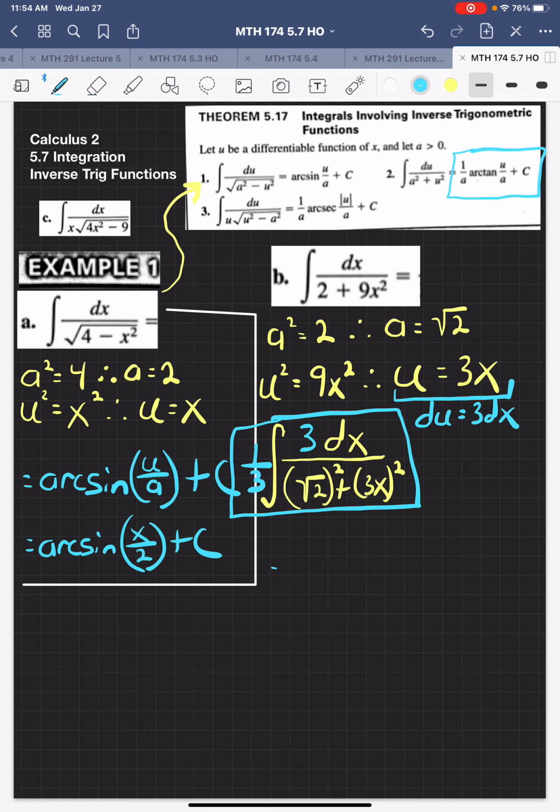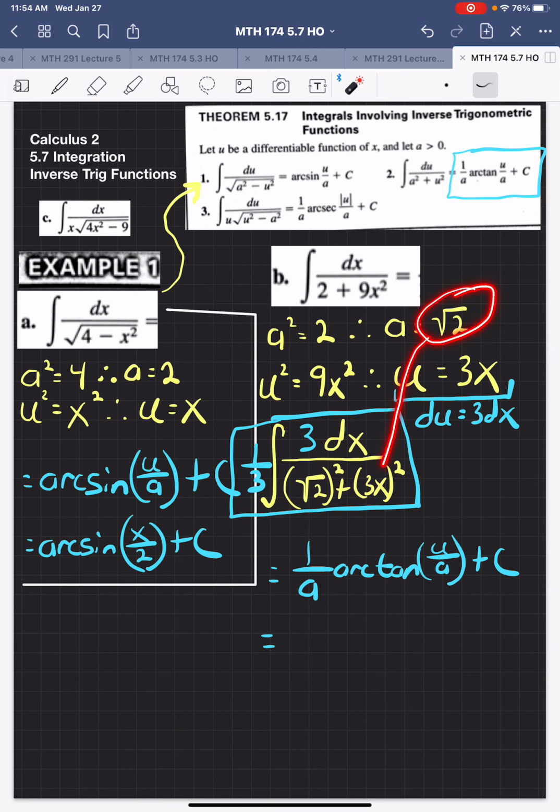It's going to equal 1 over a arctan of u over a plus c. That is the generic template. We just need to park everything in the right spot. So let's put the square root of 2 here for a, and 3x here for u.